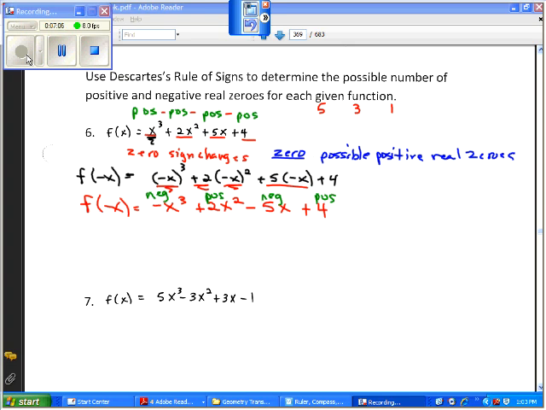And then we will identify the number of sign changes. From negative to positive here would make one sign change. From positive to negative here would make the second sign change. From negative to positive here would make the third sign change. There are 3 sign changes.